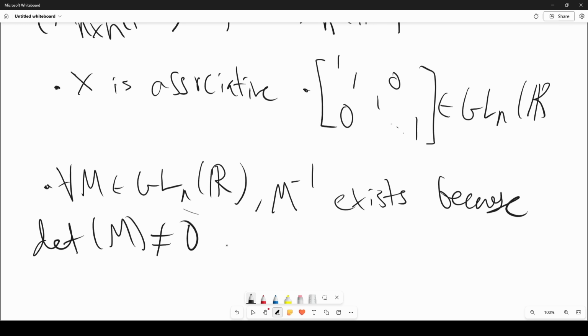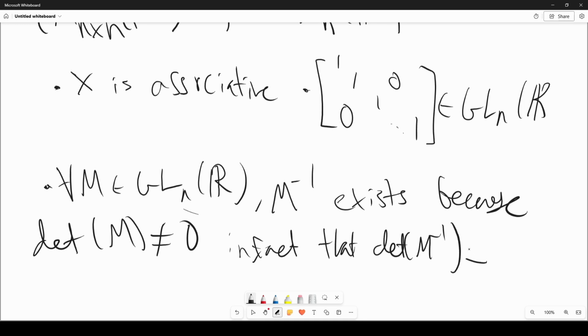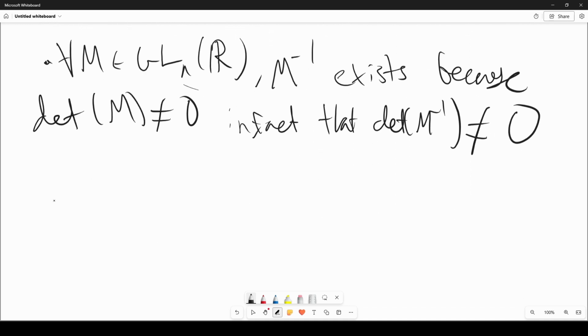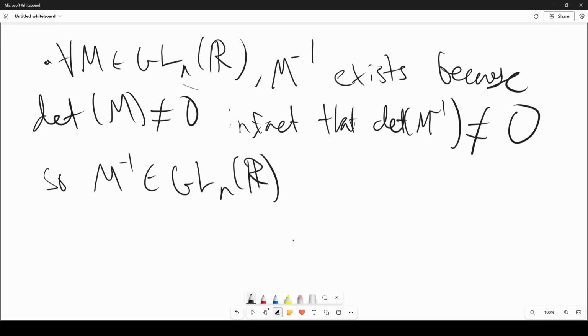And in fact, you might know that the determinant of M inverse must also be non-zero because, well, it has an inverse, M. So, since the determinant of M inverse is not zero, M inverse must be in the general linear group. And this proves that this thing also has inverses, so it satisfies the definition for being a group. Okay, great.